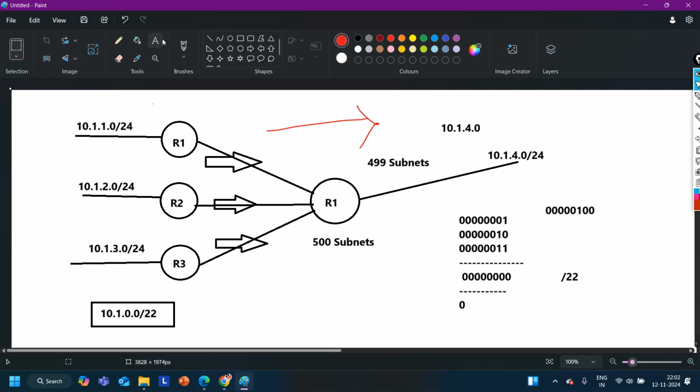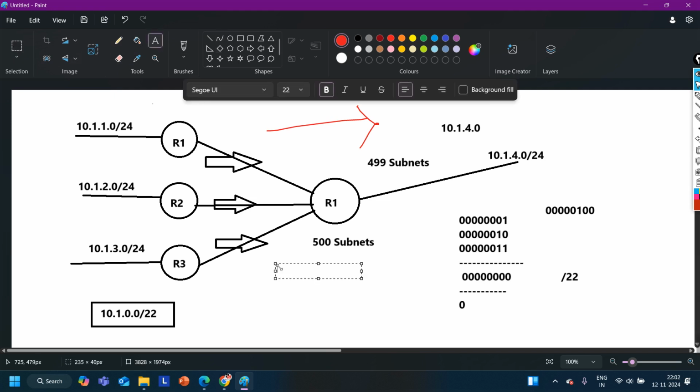Okay, so now we are done with the addressing. This is network addressing, through which we identify the devices, and where we configure this address, that is the NIC card. We have two types of address: MAC address and IP address, right?